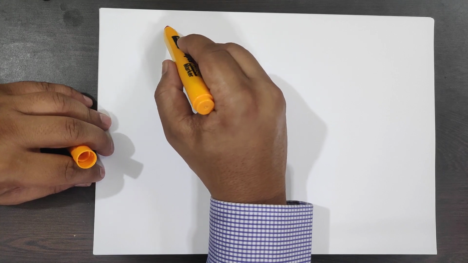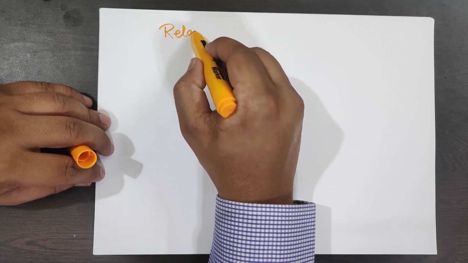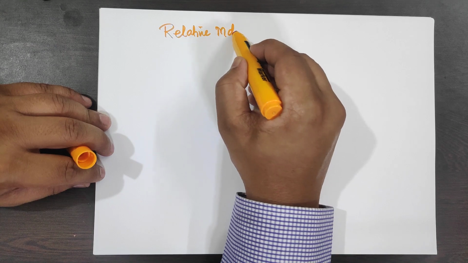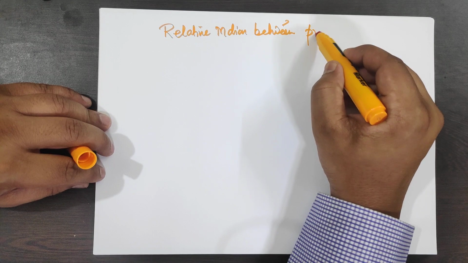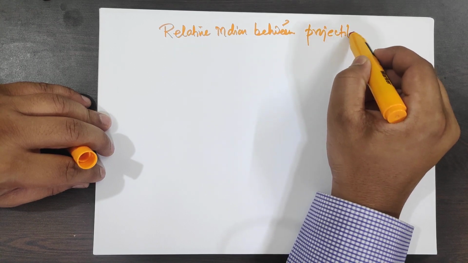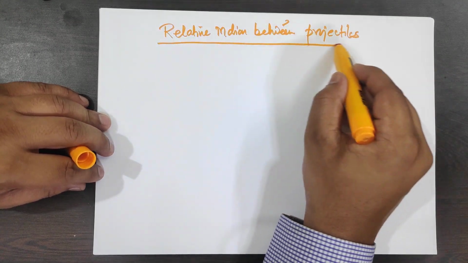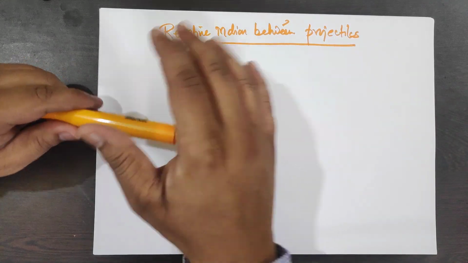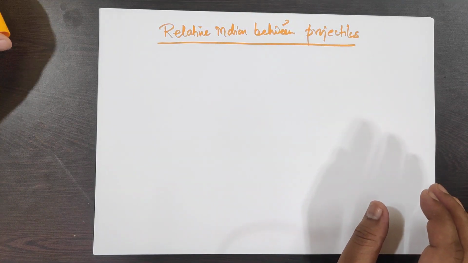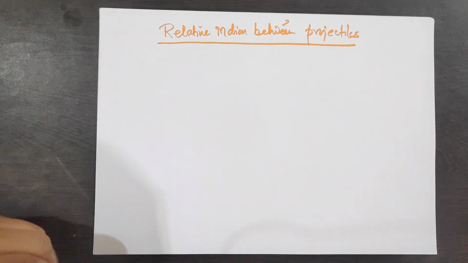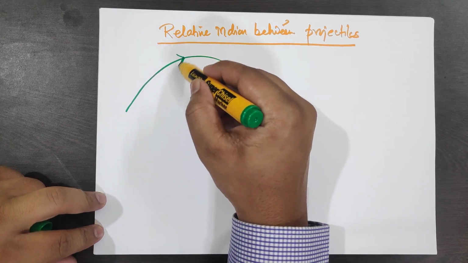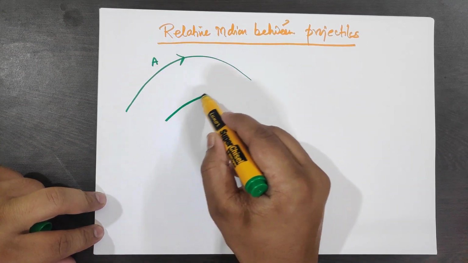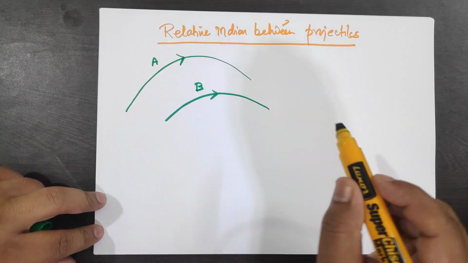Okay, now you have one more important thing, that is relative motion between projectiles. Relative motion between projectiles may seem to be very difficult, because both the projectiles are flying in air, and while they are flying, what is the relative motion between them? Now see, say this is projectile A and this is projectile B while they are flying.